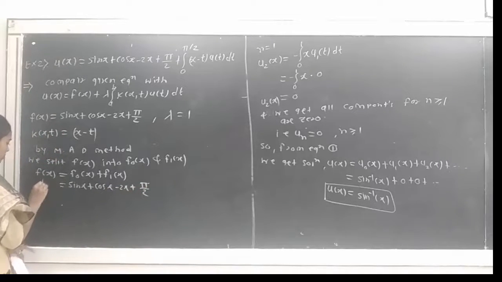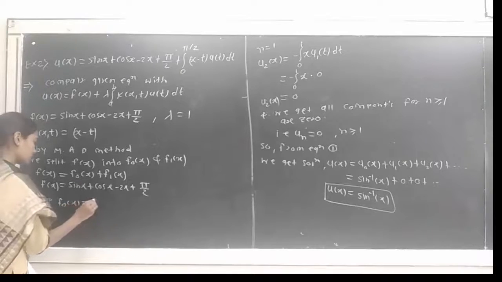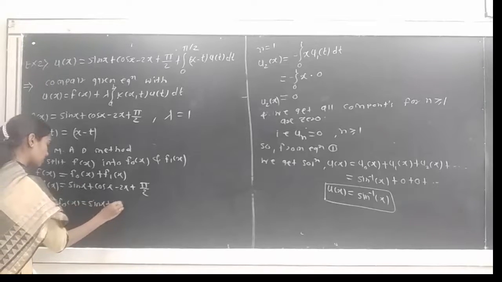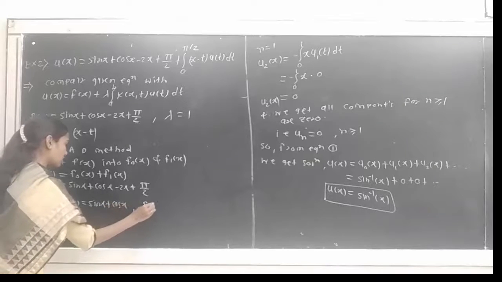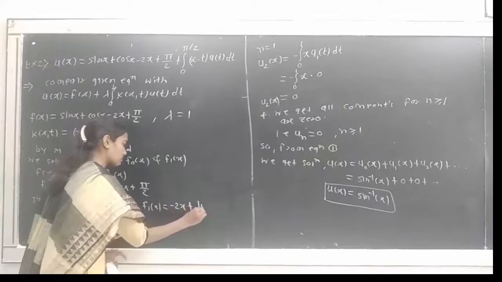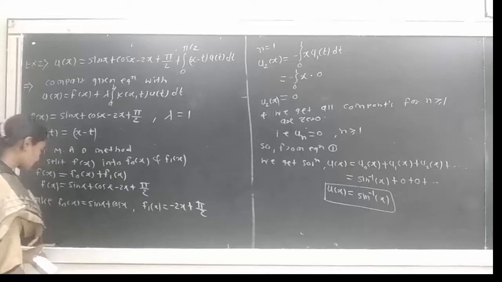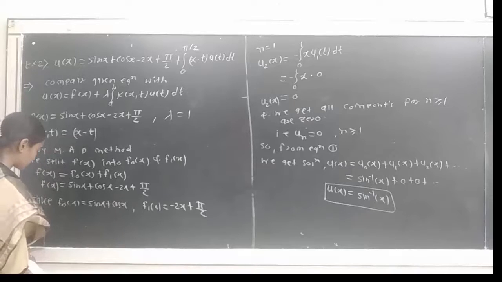So we take f0 of x is equal to sin x plus cos x and f1 of x is equal to minus 2x plus pi by 2. In this way we split the function f of x.